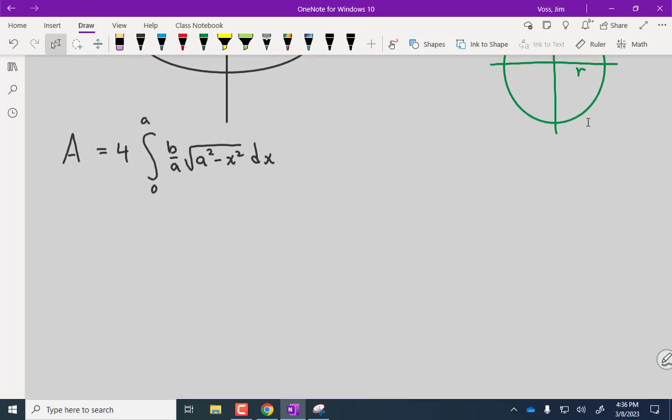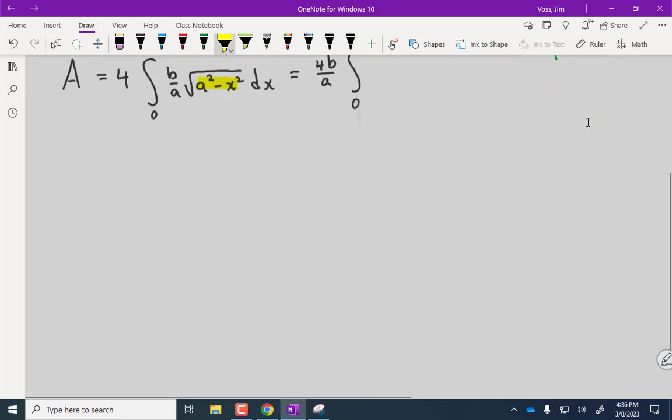Okay, so B over A is constant, so that's coming to the front. So we get 4B divided by A, integral 0 to A. But we want to make this a difference of squares with a 1, so what are we going to factor out of the inside? A squared. And what's the square root of A squared?